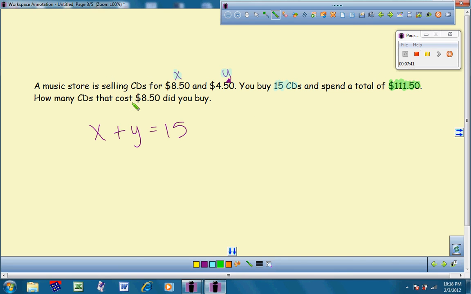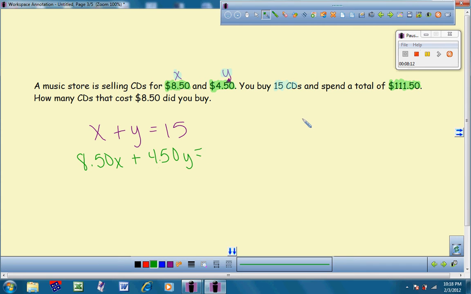Well, if we go back to the beginning, we can see that one type of CD costs $8.50. Another type costs $4.50. We don't know how many of each type, so what we'll do is set up another equation that says 8.50x plus 4.50y is equal to the total amount that we spent, which is $111.50.